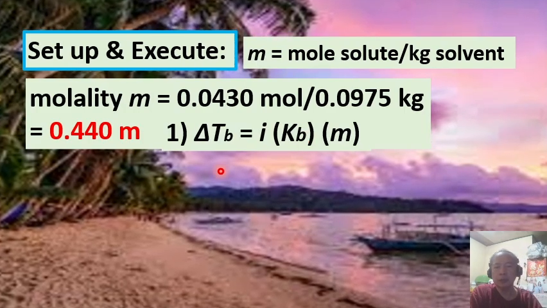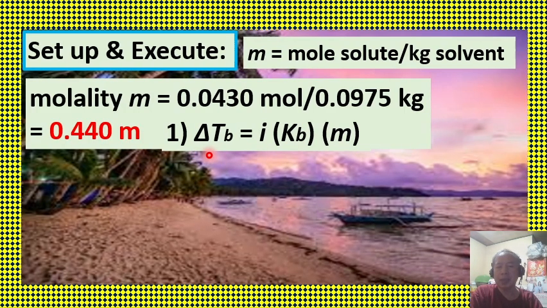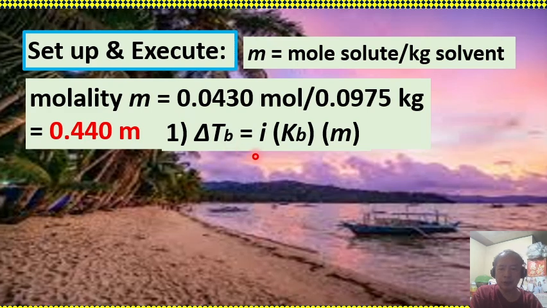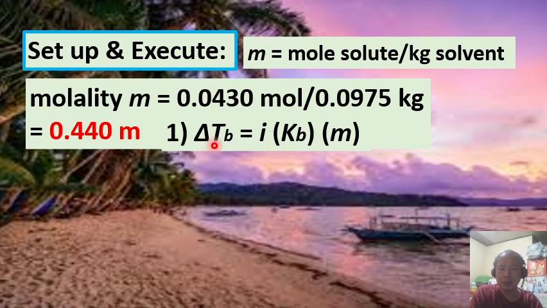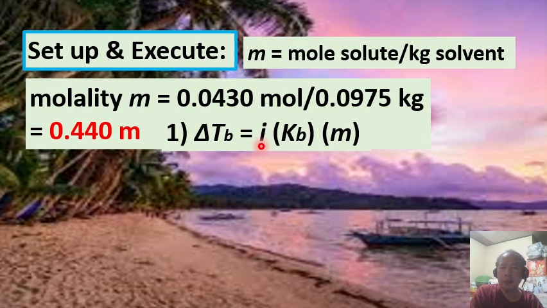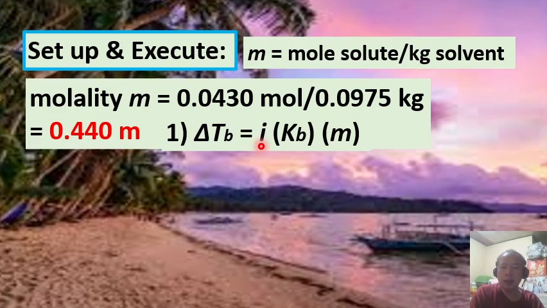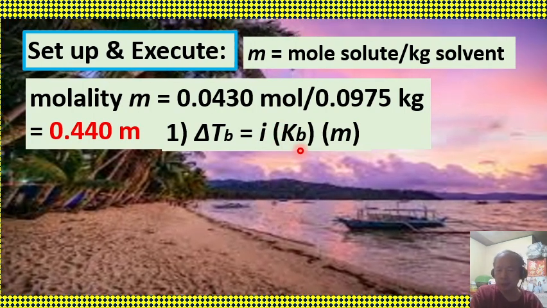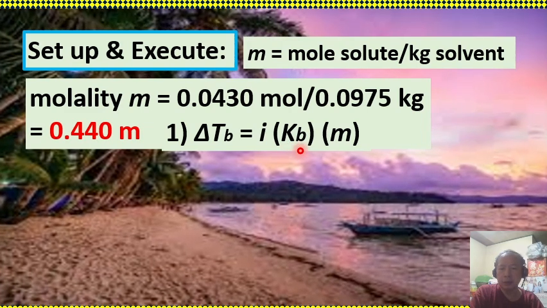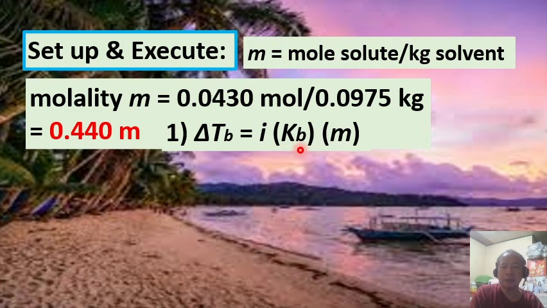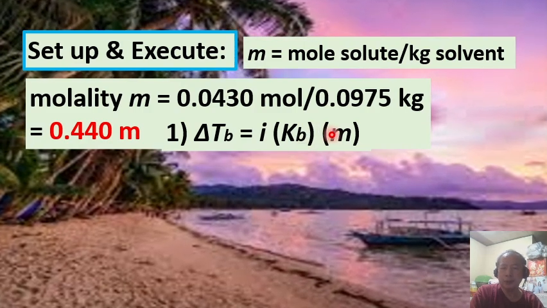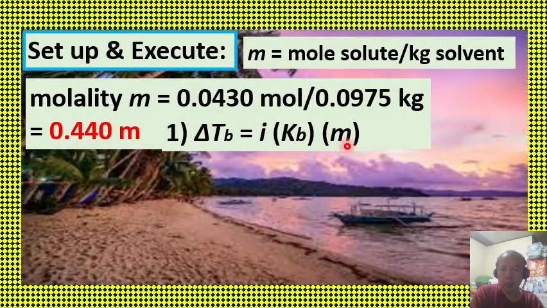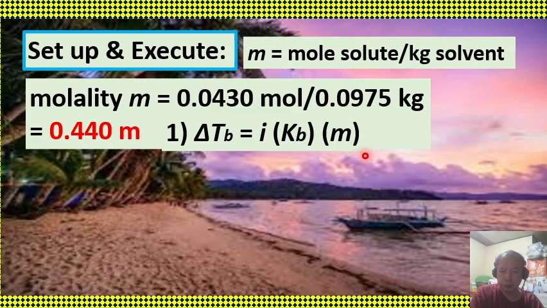So that brings us to our computation for delta capital T sub B, or the change in the boiling point of the sodium chloride solution, using the formula delta capital T sub B equals the product of the Van 't Hoff factor small letter i multiplied by the constant capital K sub B, or the boiling point elevation constant for the solvent water, multiplied by the molality of the sodium chloride solution.